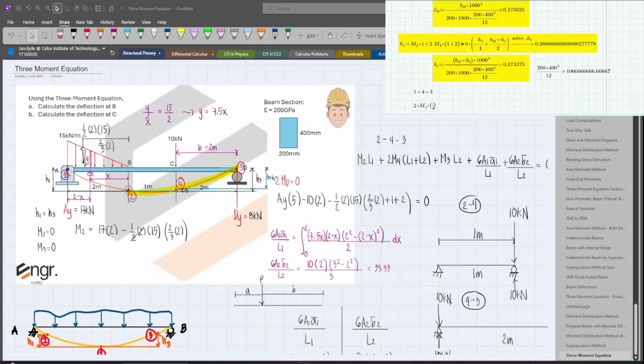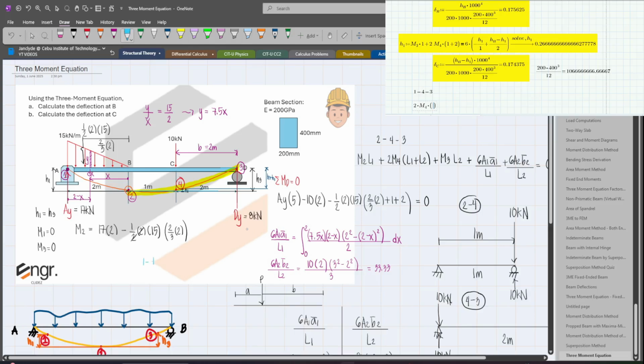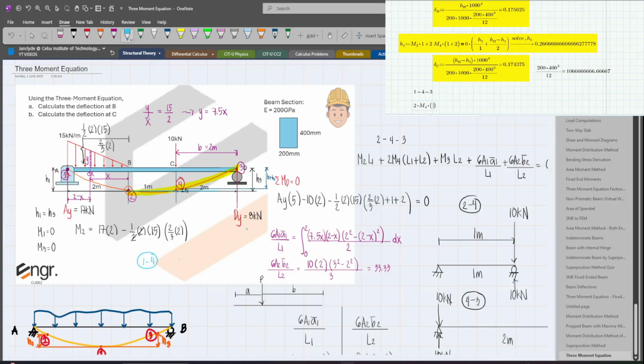Then, L1 plus L2 is equal to 3 plus 2. This is our L1. 2 plus 1, 3 meters. Bale, yung first span natin is 1 to 4. Then, the second span is from 4 to 3. Considering points 1, 4, 3. Ayan.